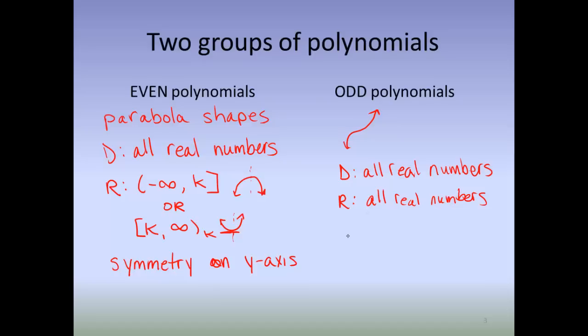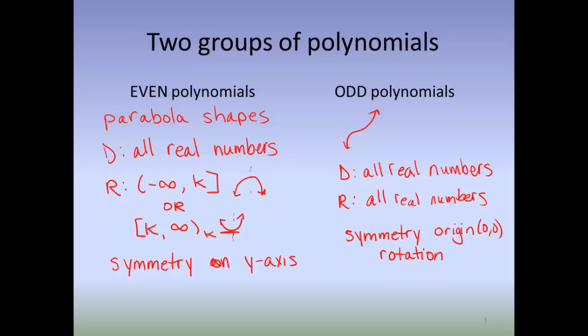Odd polynomials have symmetry too. Their symmetry, though, is about the origin, (0, 0), and it's what we call a rotation symmetry. Basically, if you turn it upside down, it's still going to look the same way.